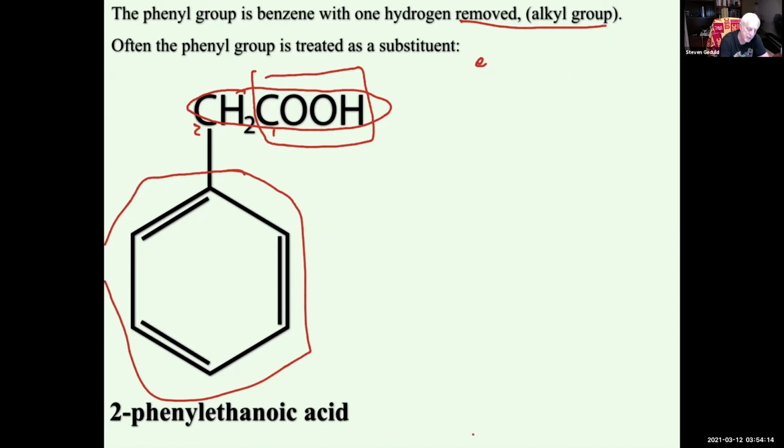We name it according to that. If the benzene ring is attached as a substituent, okay, it's named as a phenyl group, and I put what number it's attached to. So this is a 2 carbon, right here. This is a 2 carbon carboxylic acid. At the number 2 carbon, there's a benzene ring attached. So it's 2-phenyl. That tells you it's a benzene ring. Ethanoic acid tells you it's 2 carbons and a carboxylic acid.